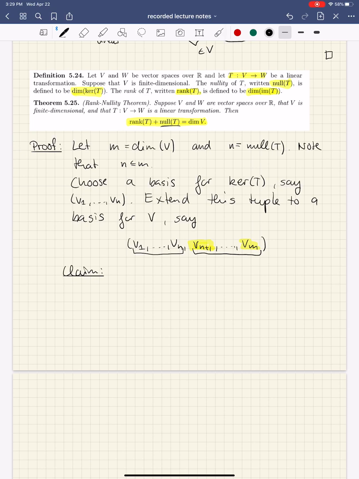If I add those two up, I get that they are equal to m, which is the size of a basis of the whole space. So the claim is that T of vn+1 through T of vm is a basis for the image.